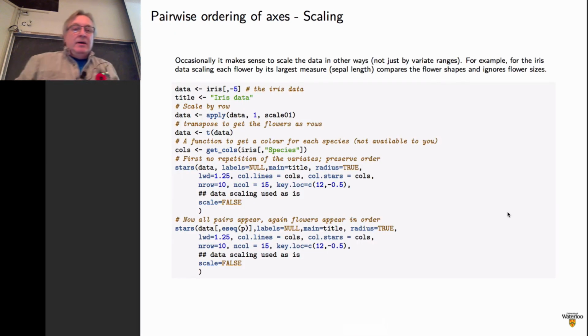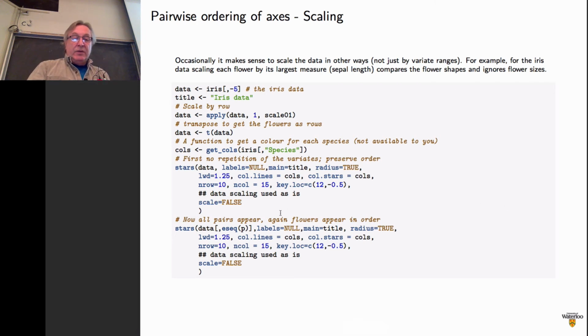Okay. With the stars data, everything was from minimum to max over the whole data set. You might like to choose to have the scales be exactly what the data had. So rather than having them scaled to the max over the whole data set, we could have them scaled, for example, to each of the individual flowers.